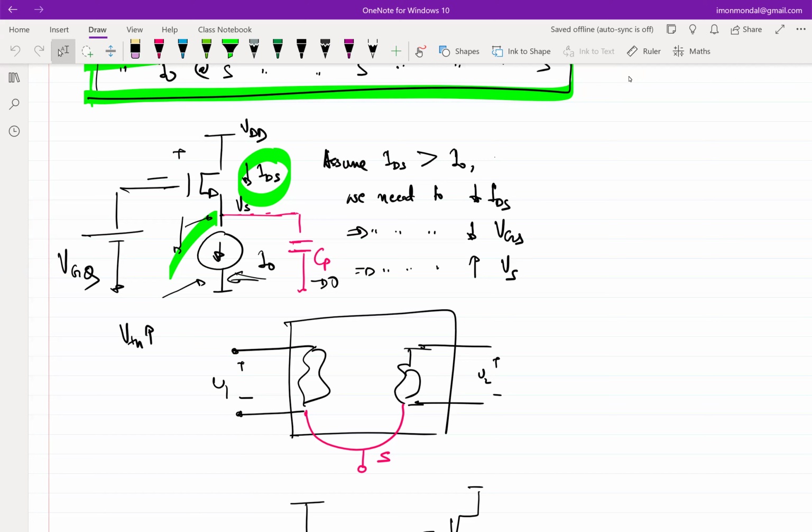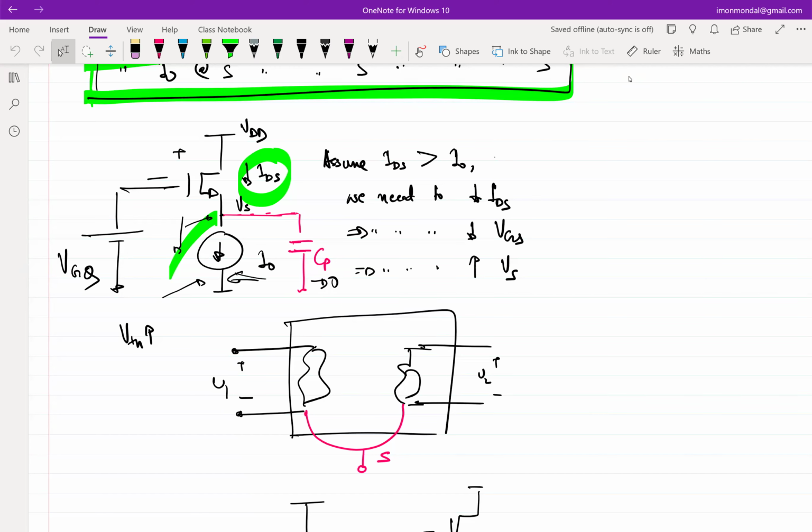If VS goes down, naturally the transistor action now kicks in, in the sense that your VGS starts to increase, which means IDS will start increasing. And this balancing will go on till the time IDS becomes equal to I naught, right? And this configuration will eventually settle to that value of VS for which you have IDS exactly equal to I naught.